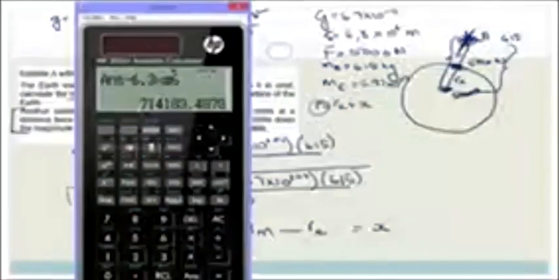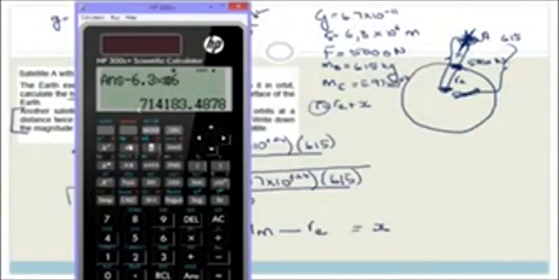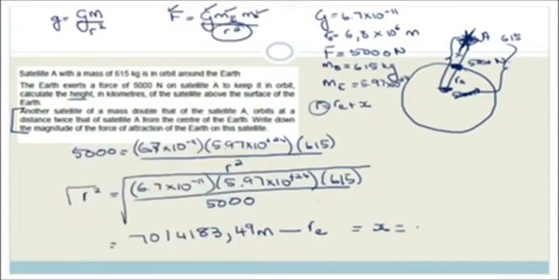Now it becomes 714,000. I keep misreading these. It becomes 714,183.49. So let's write that down, and then we can see what we have to do with that.